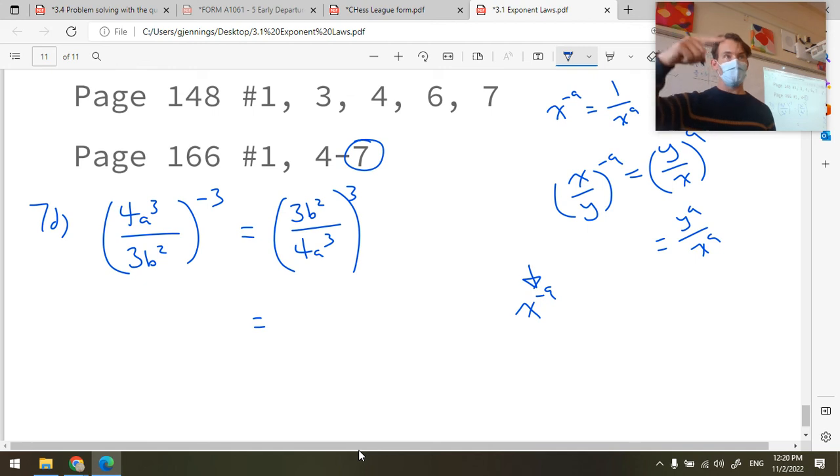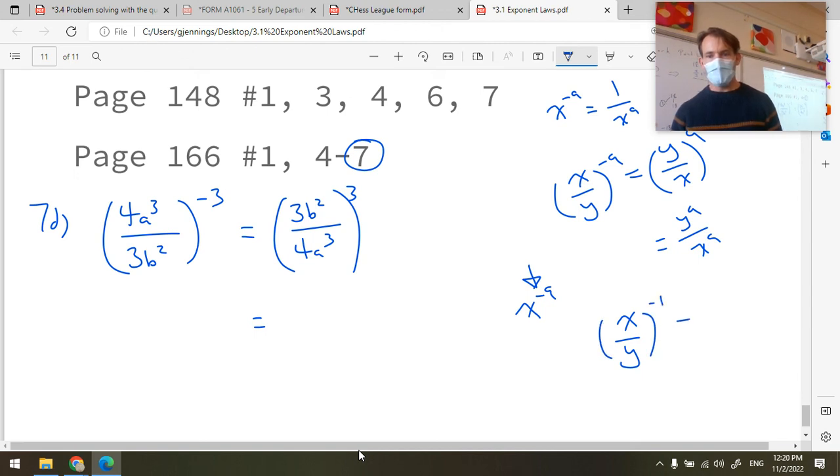I want you to throw x to the bottom of a fraction. Let's suppose we didn't know that x over y, its reciprocal was y over x. Let's say I have x over y to the negative 1. I would say that's equal to 1 over x over y. But then I just flip and multiply the bottom because I'm good at doing fractions. Y over x.